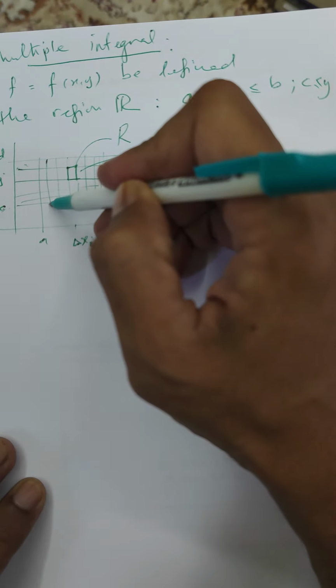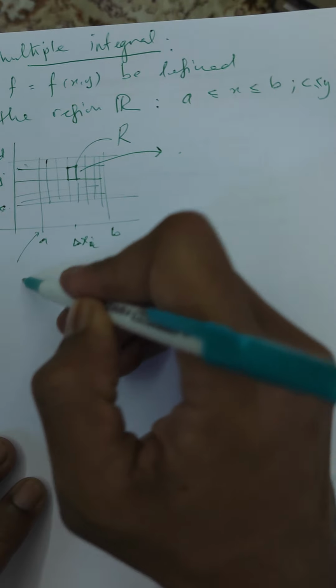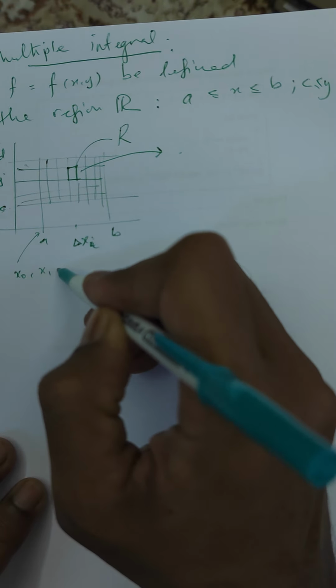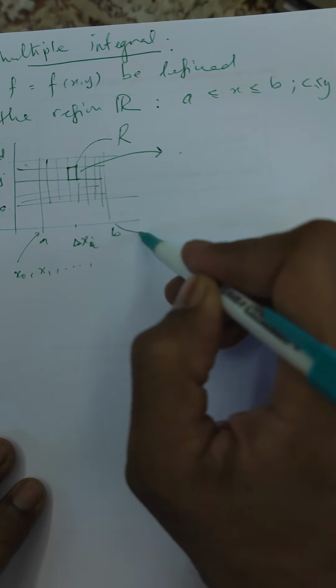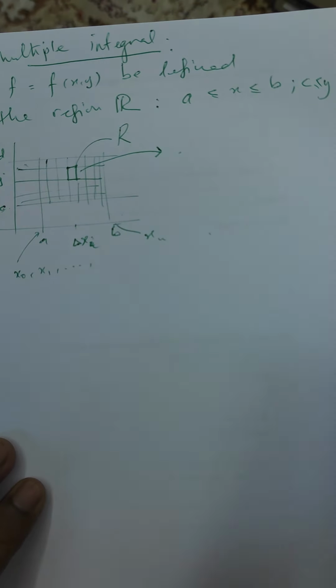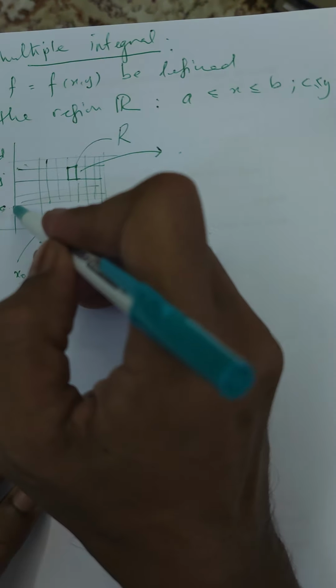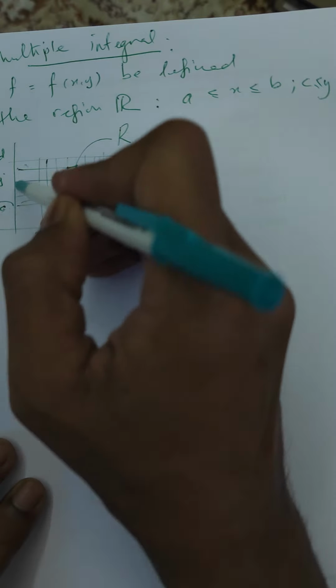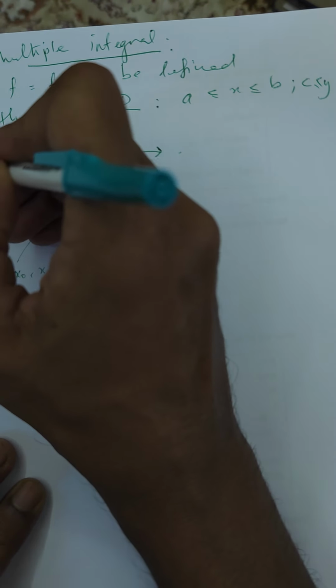Okay, for each of these points we have x0, x1 and so on up to xn. For y as well we have y0 until, let's say, ym.